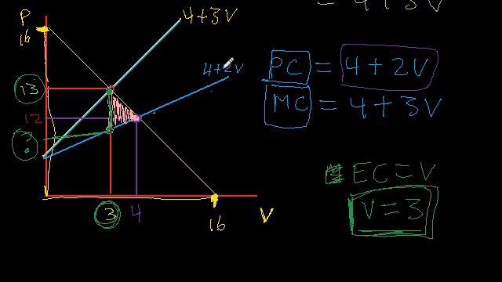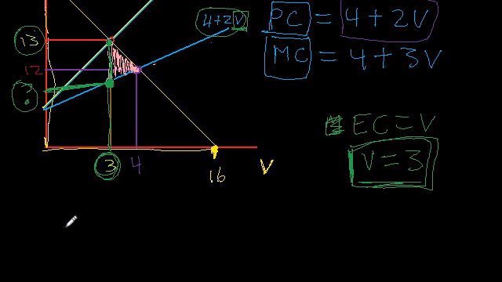Well, we're going to need to use this equation right here, which represents the private cost of travel, and that's equal to 4 plus 2V. If we insert the amount of traffic volume at this point into this V, then we should come out with the price that corresponds to that amount of traffic given by that curve.